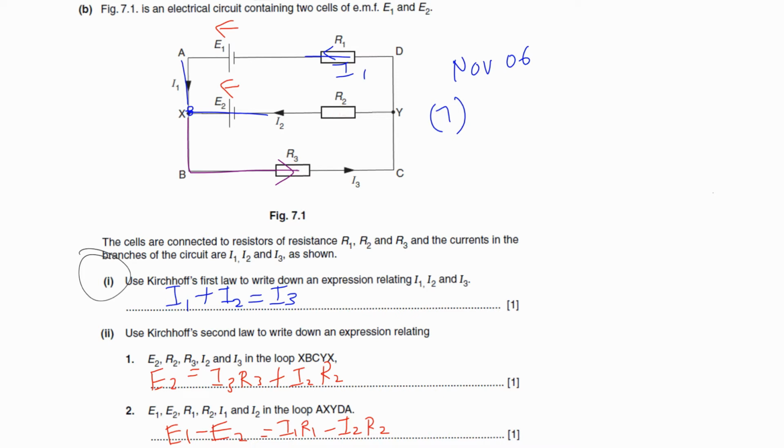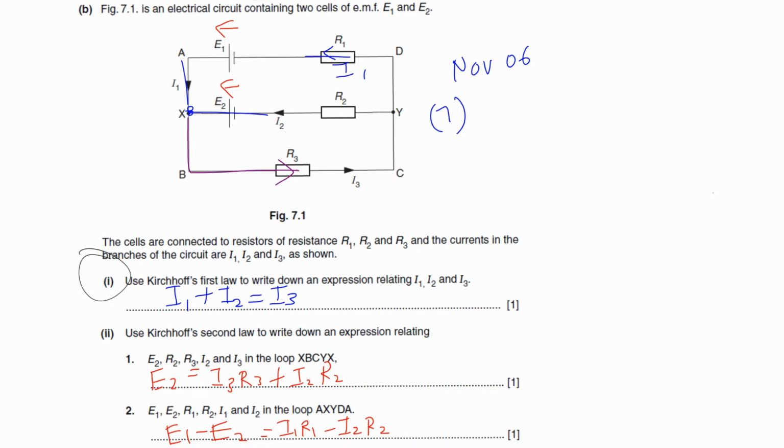What about from here? We come to this side. So the PD across this R2 is also IR. The current is this way from Y to X, which is I2. The travel is also the same direction. So is it positive or negative PD, Brendan?